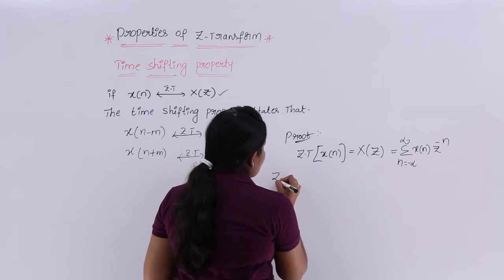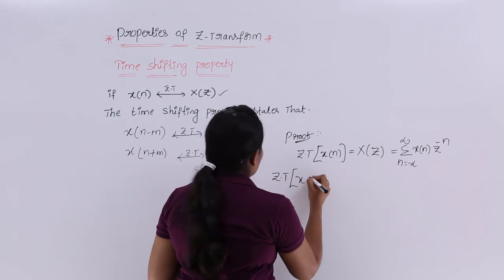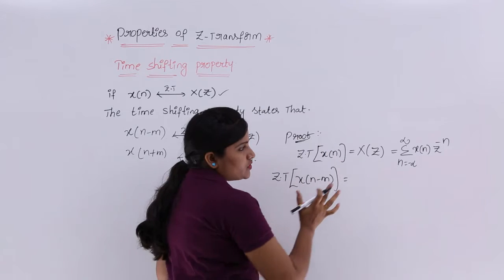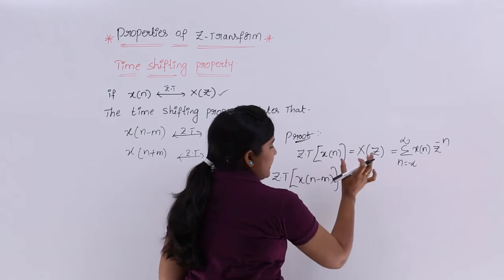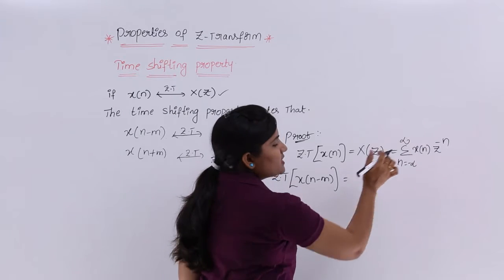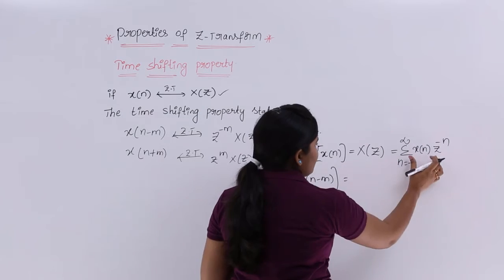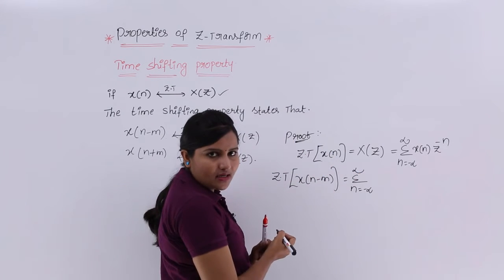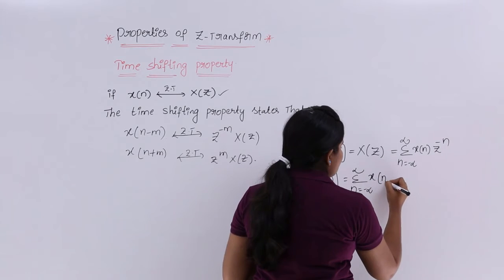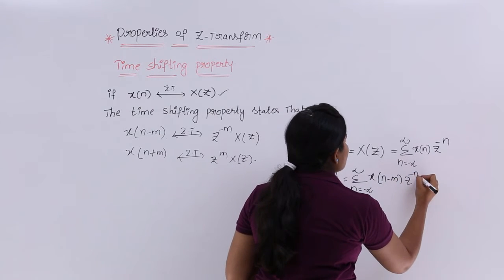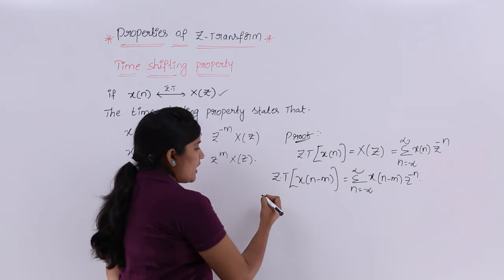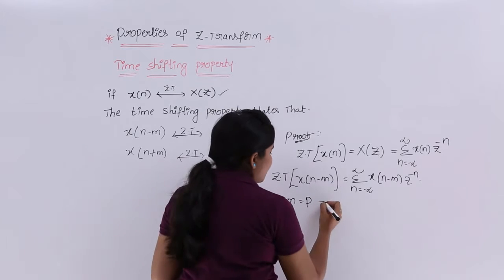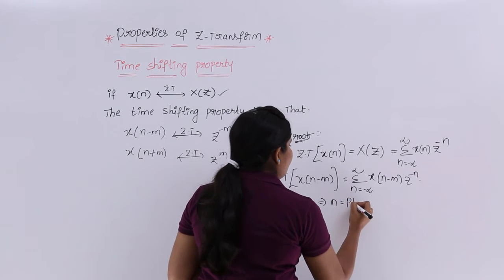Here I am going to consider the Z transform of x of n minus m. My signal is not x of n, so I substitute x of n minus m in place of the general signal x of n in this equation: summation from n equals minus infinity to infinity of x of n minus m into z power minus n. Now I consider n minus m equal to p, so n equals p plus m.